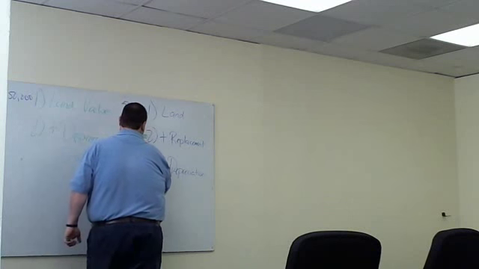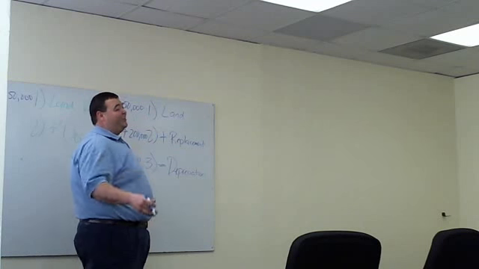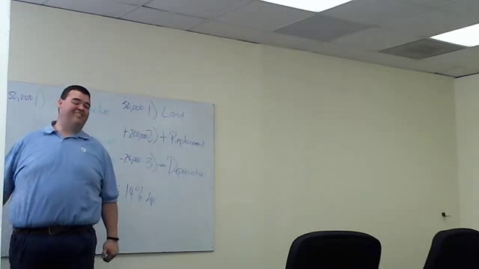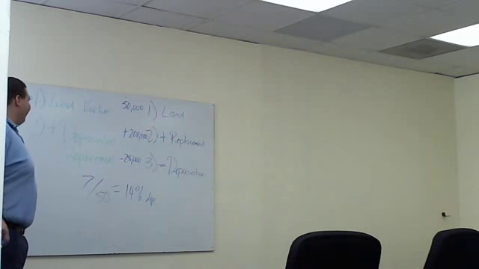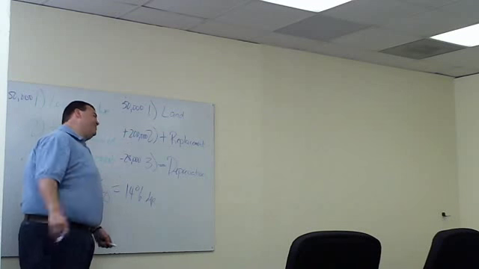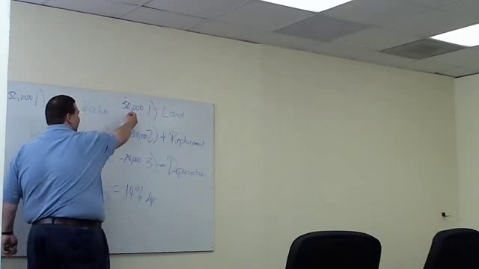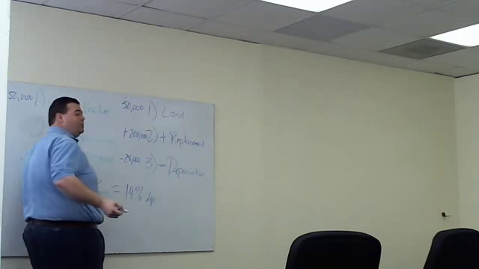Minus 28,000. I just figured 14% of 100,000 is 14 and times 2. So over here, it would be land value plus replacement minus depreciation.